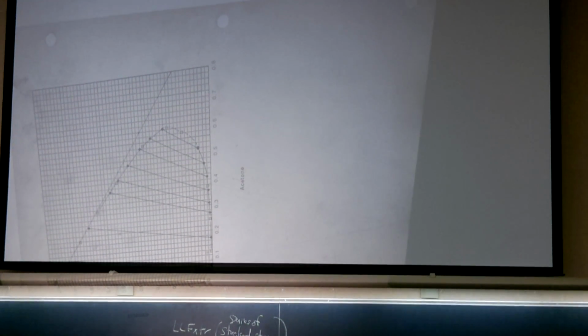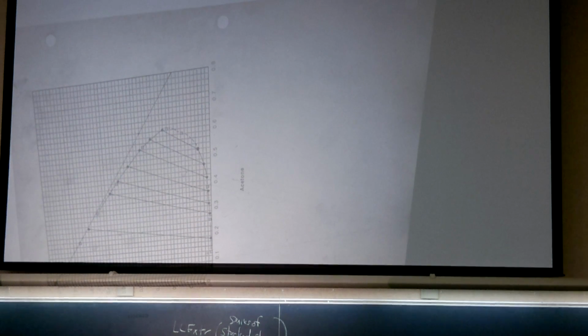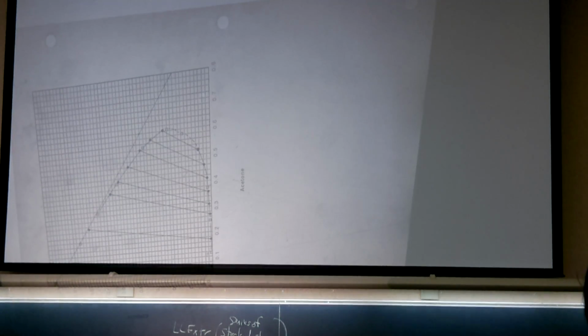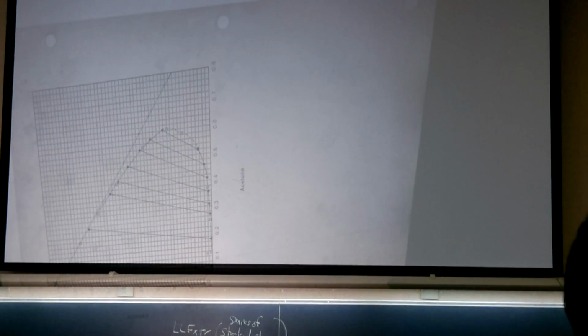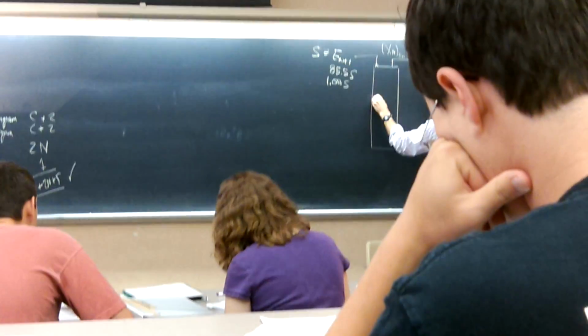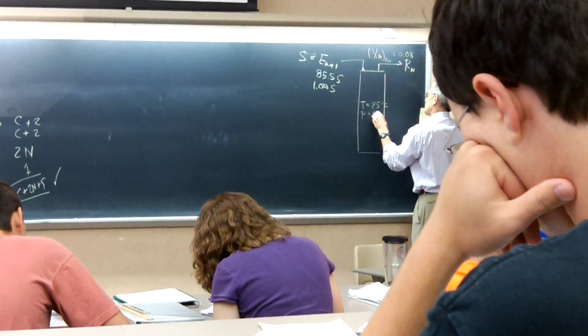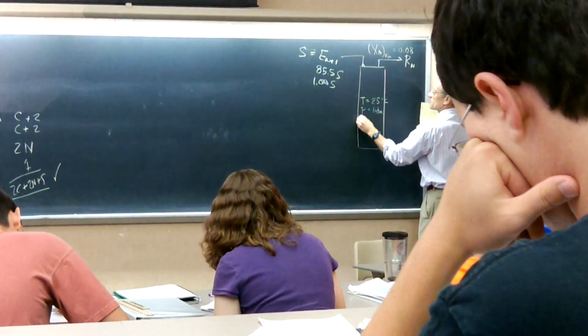So E10 plus 1, 85.5 S, 1.00 S. So the S equals N plus 1, you can use either terminology there. There's one raffinate leaving. XA and RN is 0.08. Okay, the temperature is 25 degrees C, and the pressure is 1 atmosphere. This is my best guess.